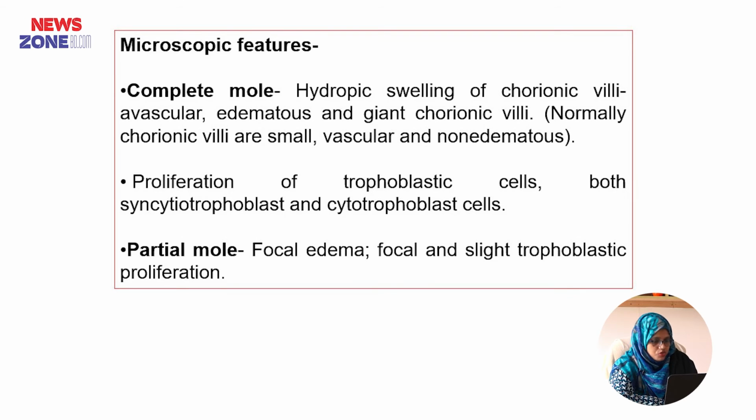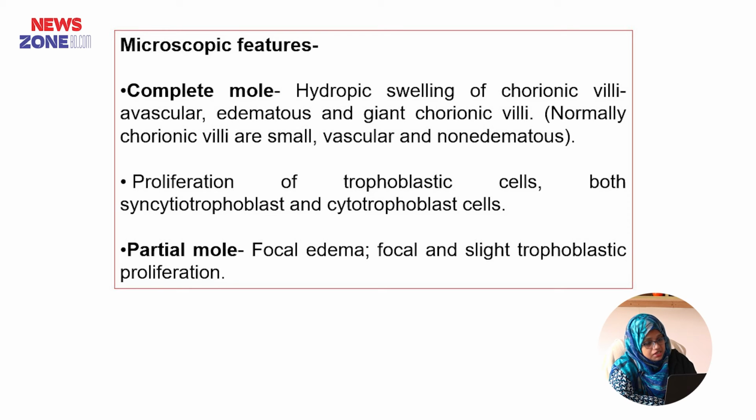In microscopic examination, in case of complete mole, there is presence of hydropic swelling of chorionic villi, avascular edematous and giant chorionic villi are seen, and there is proliferation of trophoblastic cells, both cytotrophoblast and syncytiotrophoblast.